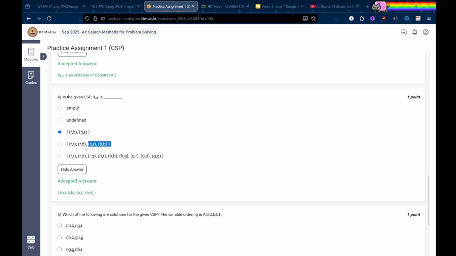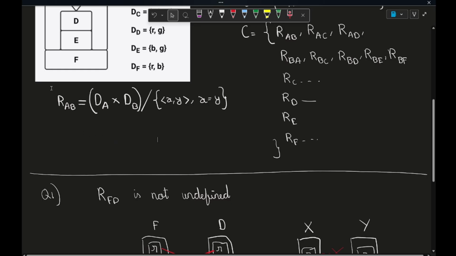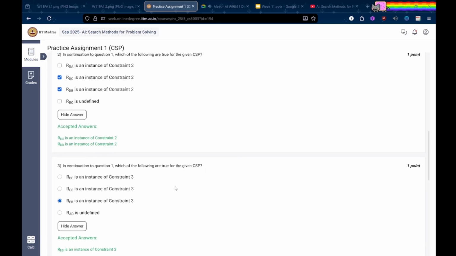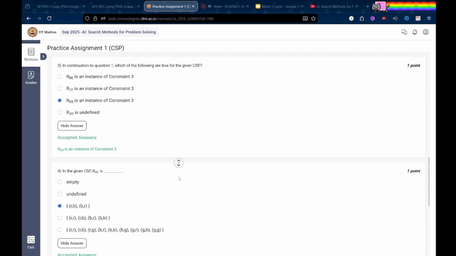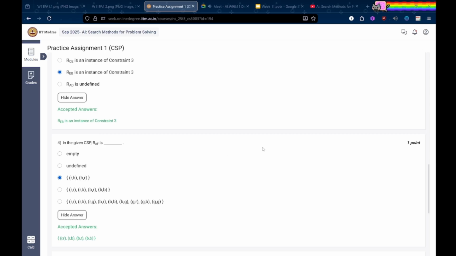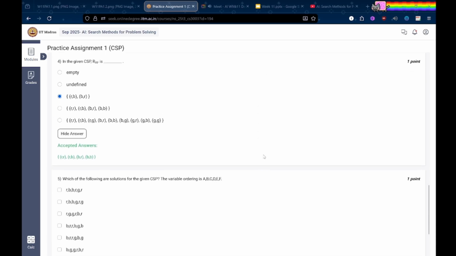But if it's this, then it means that the definition for this relationship is incorrect. And if this is incorrect, then these three questions should be incorrect, but these three are correct. So what is true? Inconsistency. Yeah.